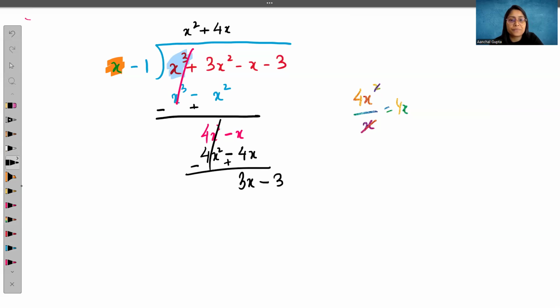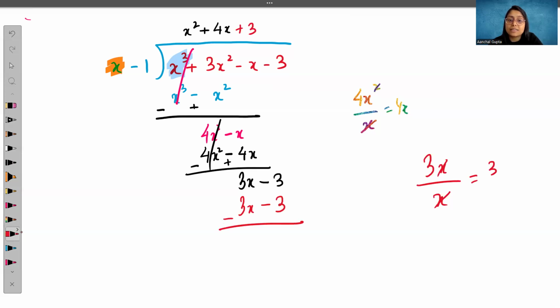Now let's bring down the last term, which is minus 3. Again we take the leading terms, 3x and x. The quotient is plus 3. Let's multiply again: 3 times x is 3x, minus 3 times 1 is 3.